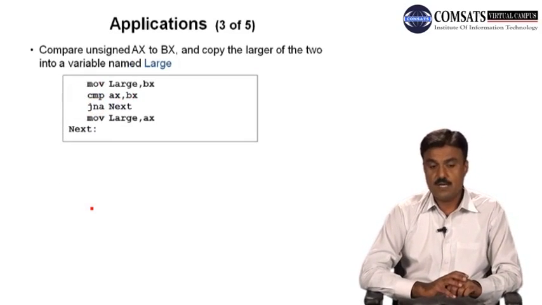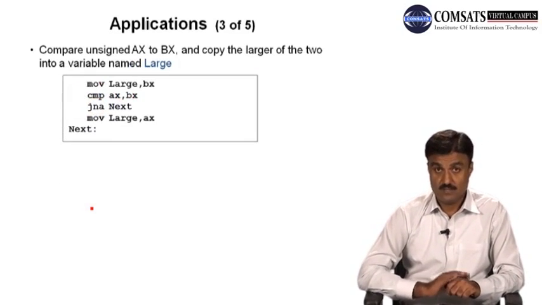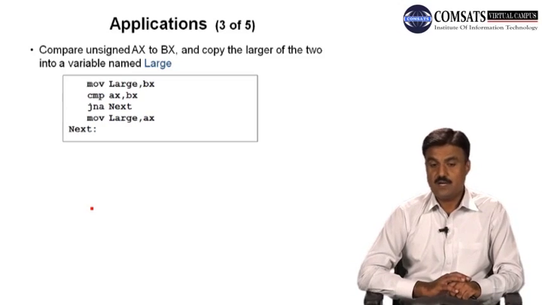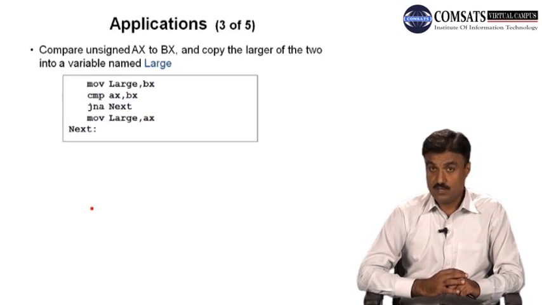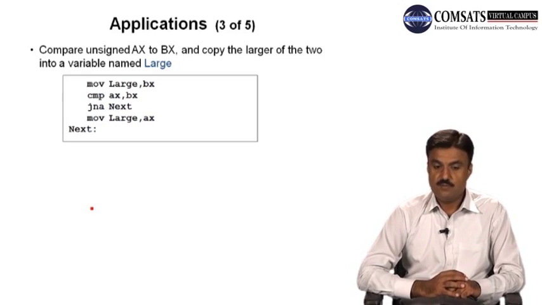The third application: the task is to compare unsigned AX and BX and copy the larger of the two into a variable named large.